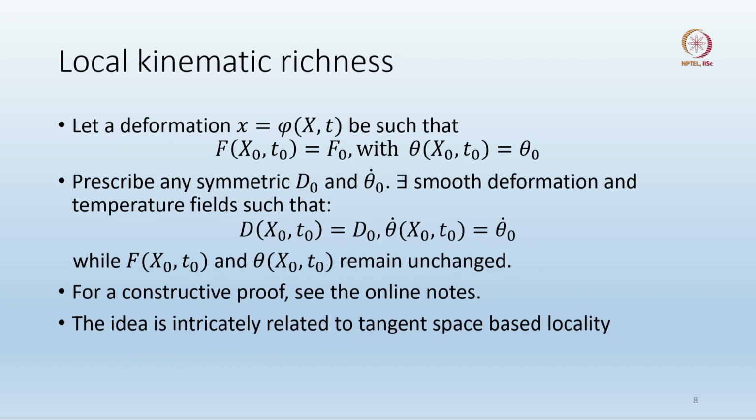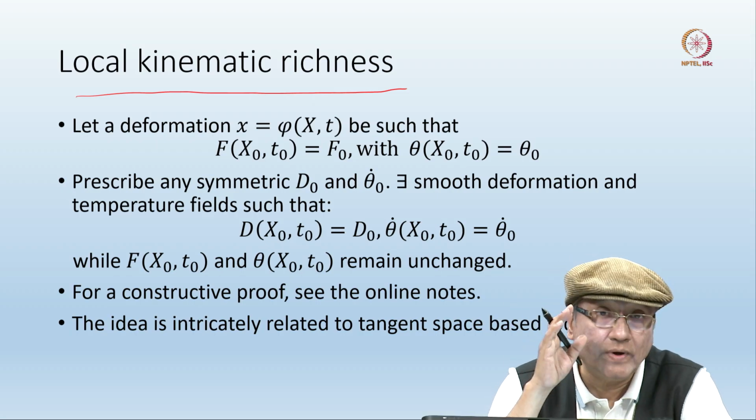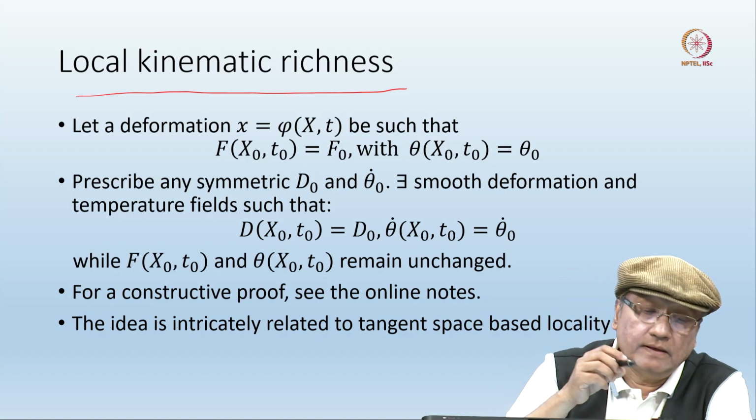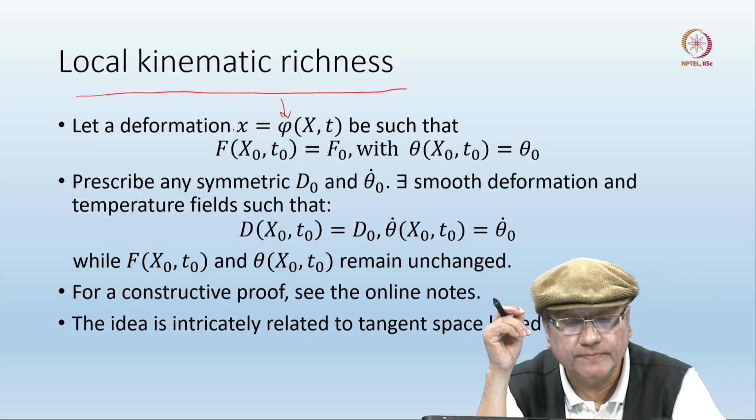Now let us understand what we really mean by this independent specification. This is what is called the local kinematic richness. First, let me give you a direct example. A constructive proof of this is available in the online notes that we have put up alongside these lectures. But for the time being, let us see what exactly is at the heart of this statement. Let us take a deformation phi, which is of course small x in the range.